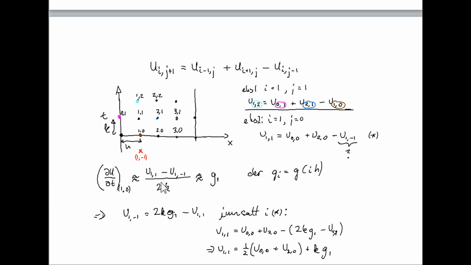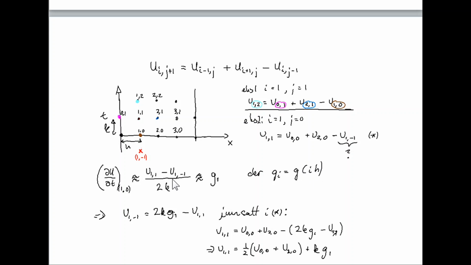So this will be an approximation for the derivative with respect to time in this point, and we know this value because it is the initial velocity, g_1. We call it g_1, where g_i is defined as the function g of ih. So ih is x.